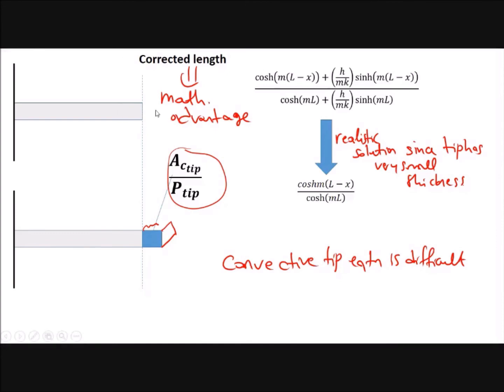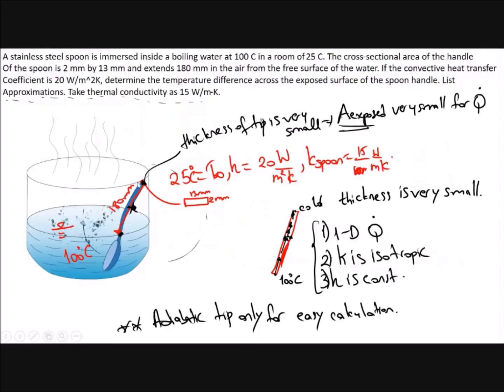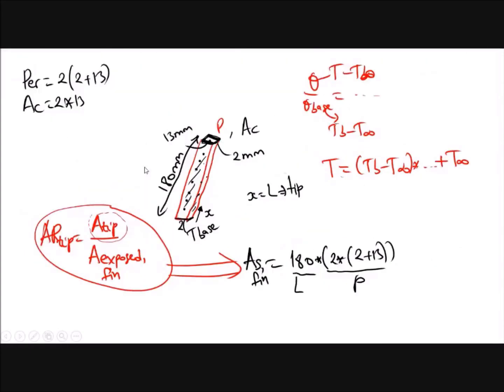Therefore, we are using the corrected length to bring this convective tip, CV tip, to become an adiabatic tip. Okay, good. This is the problem that I have solved in another video.